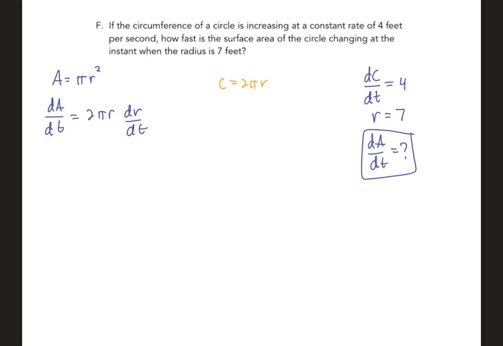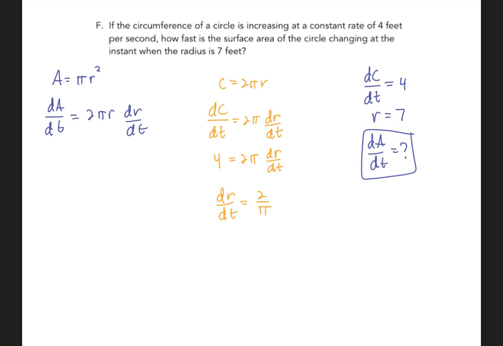Okay, so let's do that. dC/dt is 4. So dr/dt is 4 over 2 pi, which is 2 over pi if you simplify it.